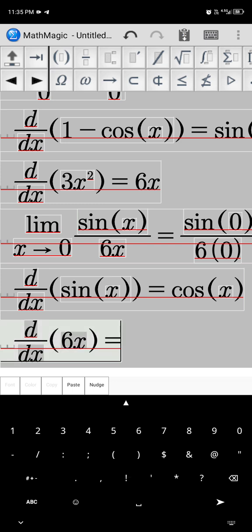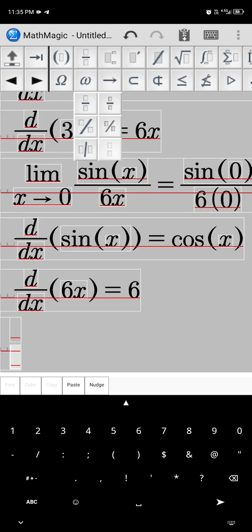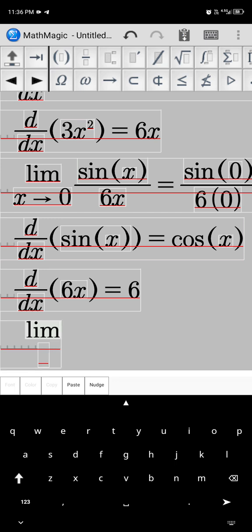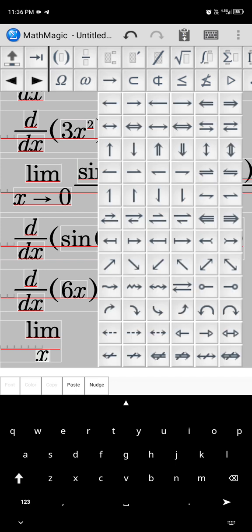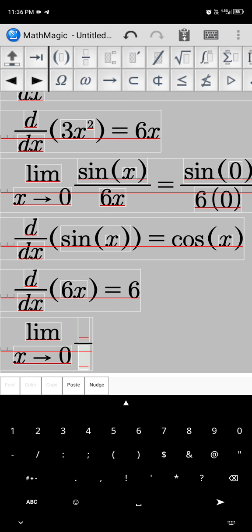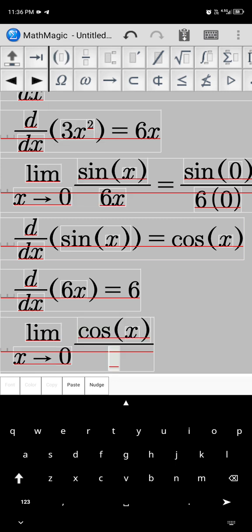So my new limit will be the limit as x tends to 0, where our numerator is now cos x and our denominator is now 6.